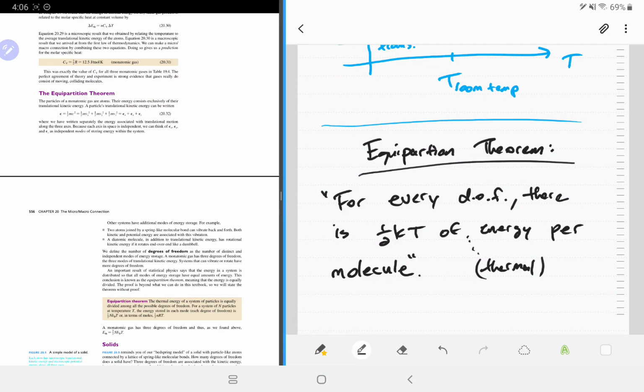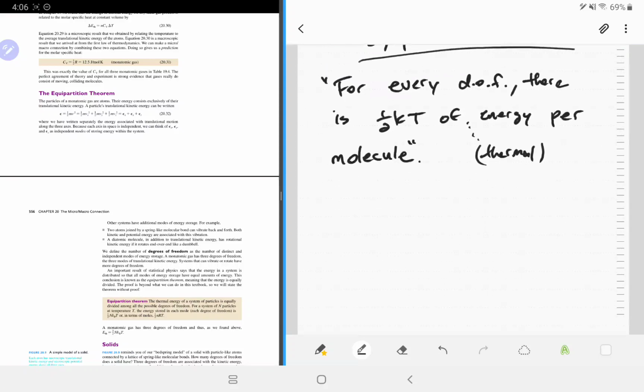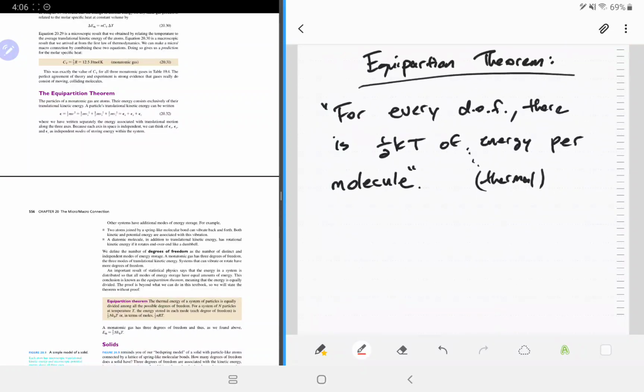And this will allow us to derive these values of CV that we had in the previous video. So the total thermal energy, just based on this equipartition theorem, is due to all the molecules. So there are n molecules, and for each molecule, how much thermal energy does it have? Well, it has 1/2 kT energy per molecule for every degree of freedom.